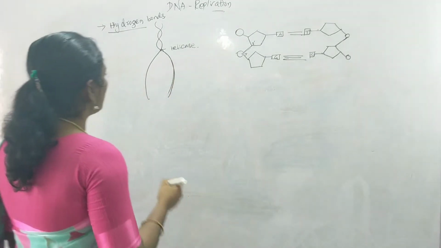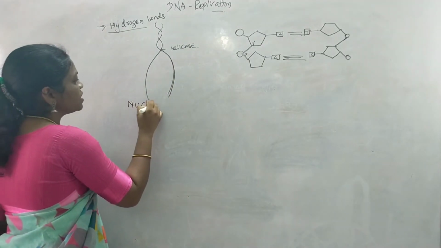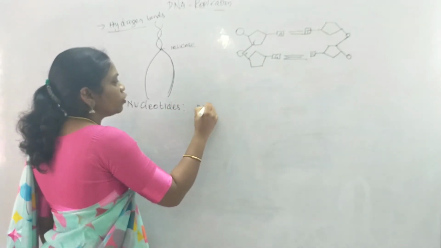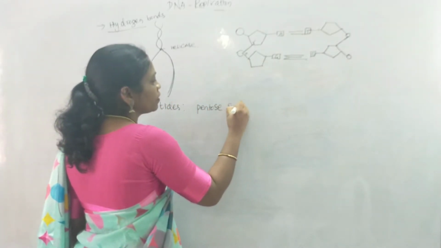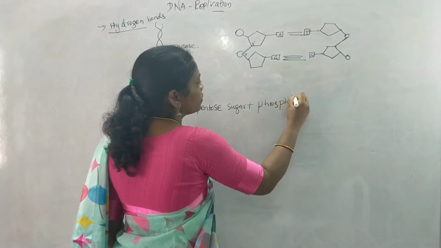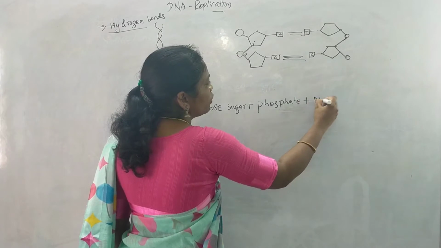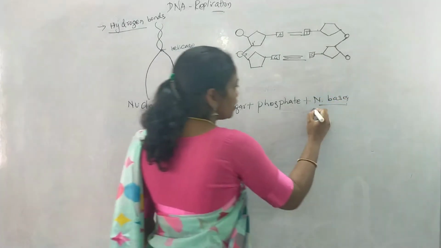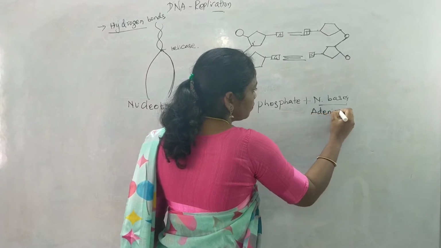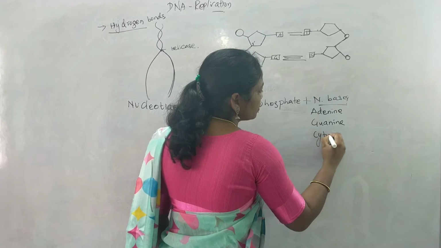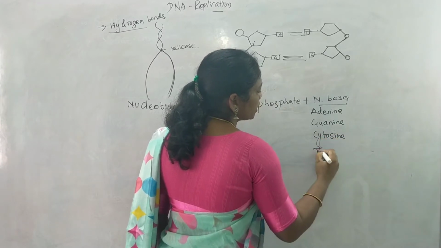As we already know, a nucleotide in DNA is nothing but a pentose sugar plus a phosphate group plus a nitrogenous base. This nitrogenous base may be adenine, guanine, cytosine or thymine.